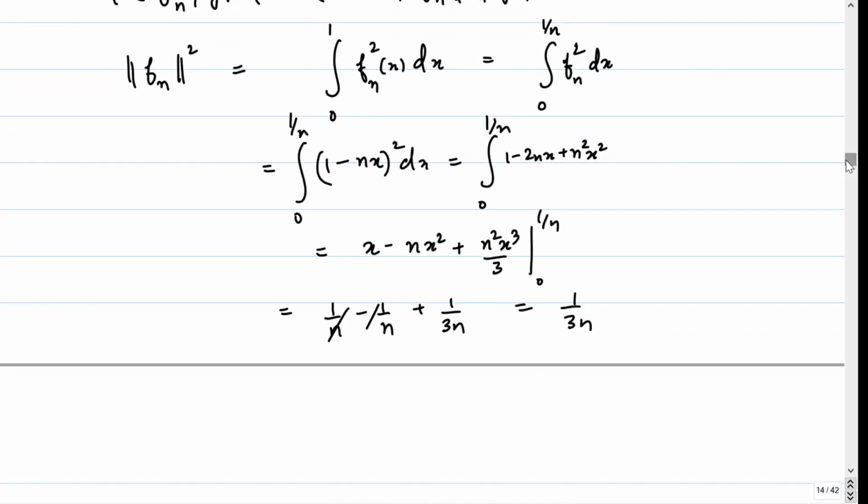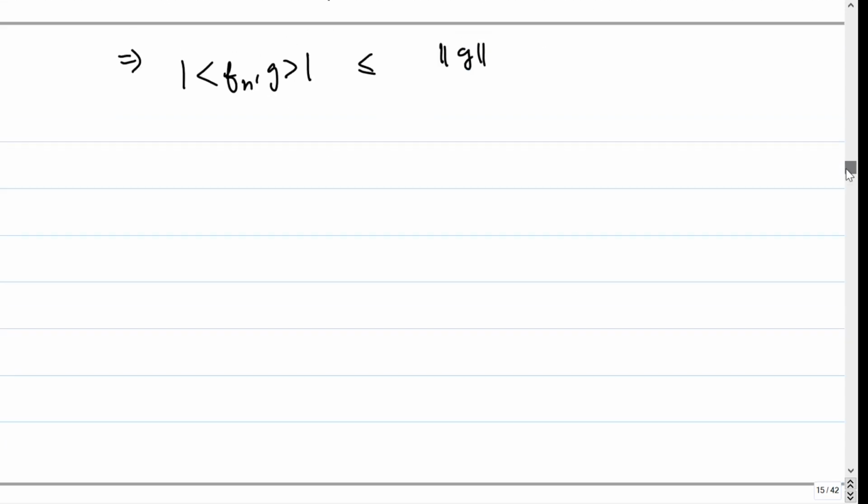So what does this mean? This implies that the modulus of the inner product of fn with g is less than or equal to the length of g times the length of fn, which is explicitly equal to the length of g by the square root of 3n. But notice that for n very large, what can we conclude? The length of g by the square root of 3n is less than 1.